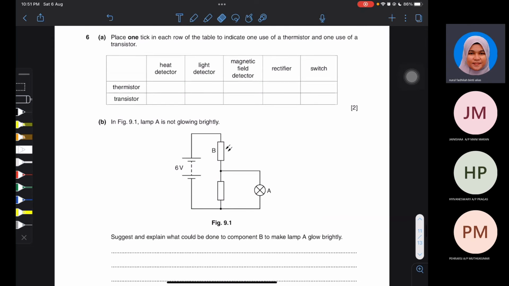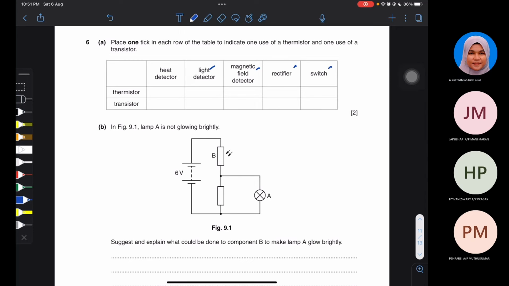Okay, tapi kalau tengok gambar ni, adakah sama dia punya resistance? Okay, tengok sini. In figure, okay now, number 6. Ni. Place one tick in each row of the table to indicate one use of thermistor and one use of transistor. Okay, ini topik electronic devices tu. Jadi thermistor, apa dia punya function? Is it about light? Is it about magnet? Is it about rectifier? Switch? Is it a switch? No. It's a thermal. Thermal about heat lah.